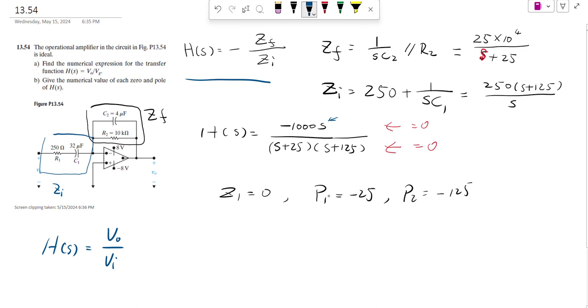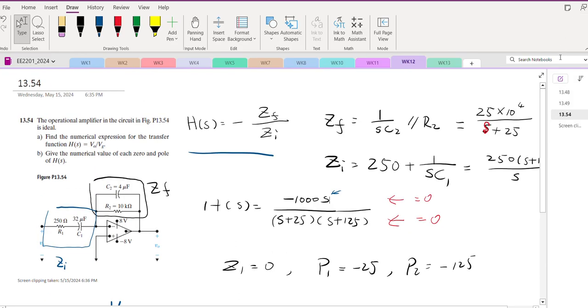The poles are the roots that make the denominator equal to 0. So s equals negative 25 or negative 125. That's it for week 12.